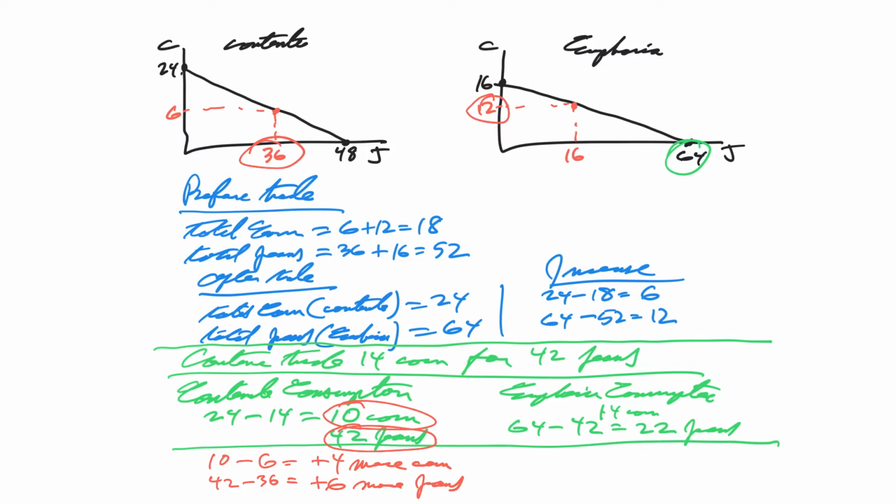Now with specialization and exchange, they're consuming 14 corn. They're producing 0 corn. Well, they've gone from 12 to 14, so plus 2 corn for Euphoria. And before trade, they were producing and consuming 16 jeans. Now they're consuming 22 jeans. So 22 minus 16, they are consuming 6 more jeans.